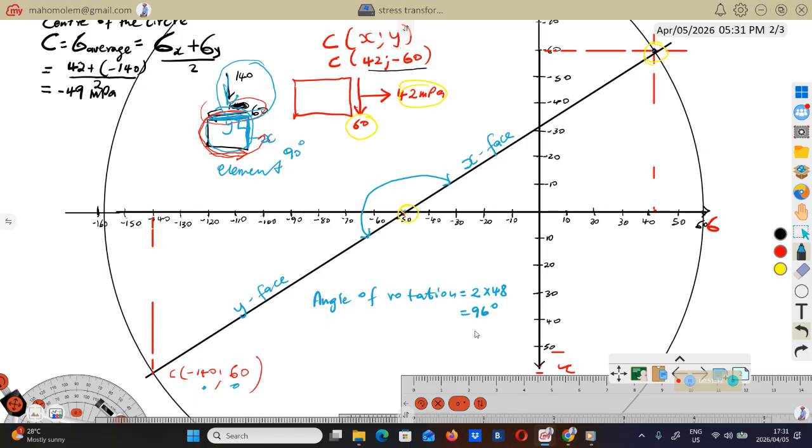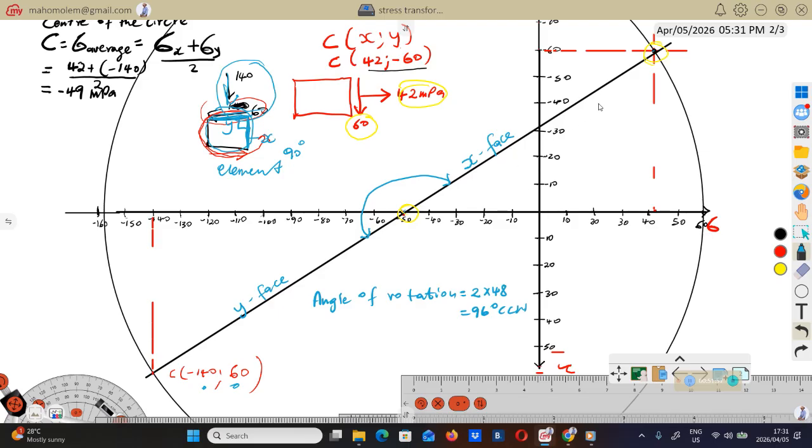They already told us the direction, it's anti-clockwise. So we're going to rotate this plane by an angle of 96 degrees from the x face.